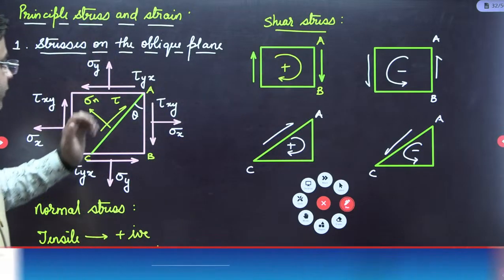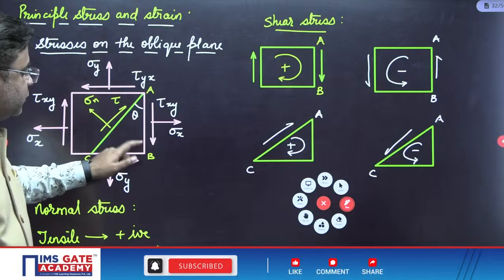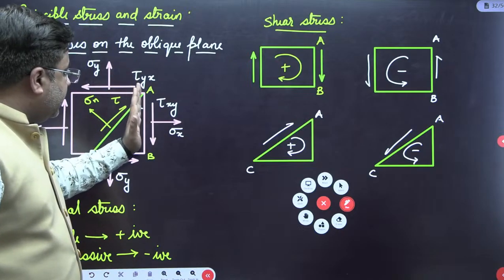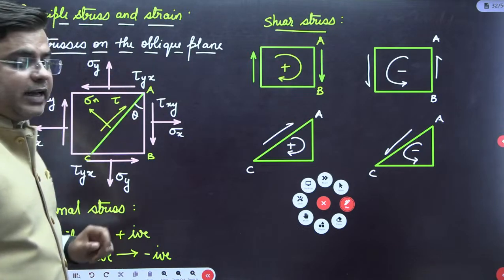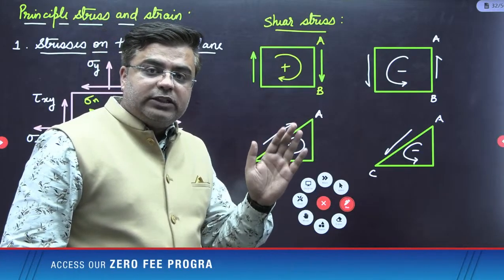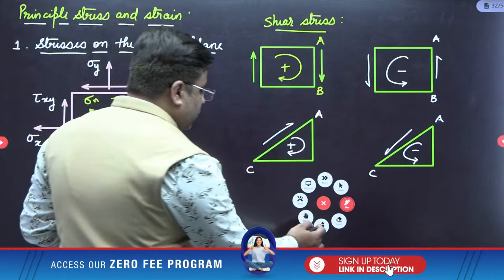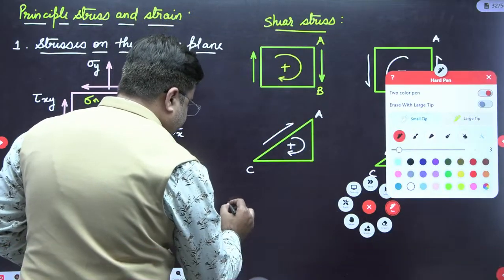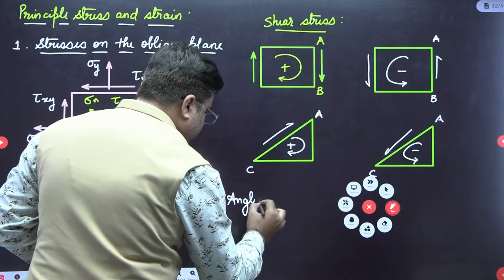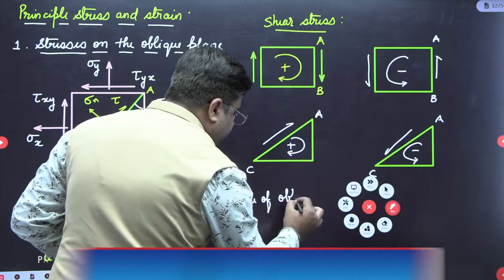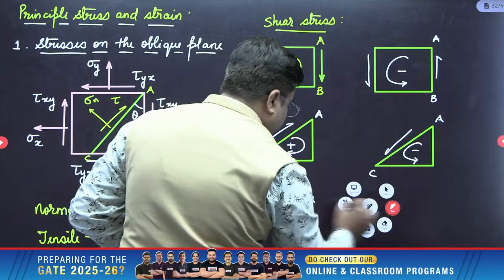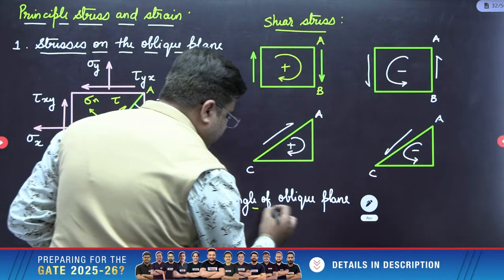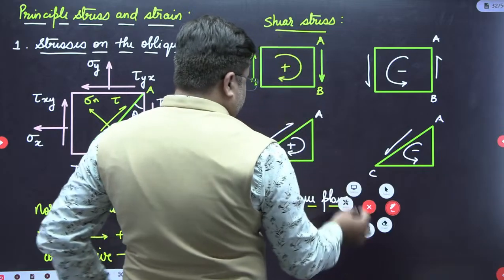One more sign convention we use is for this theta. From this reference plane, if theta is measured in the clockwise direction, then it is positive. Or from the vertical, if the angle of the oblique plane is measured in the clockwise direction, then it is positive. But if it is measured in the anti-clockwise direction, then it will be negative. For the angle of the oblique plane, this is the sign convention we use.